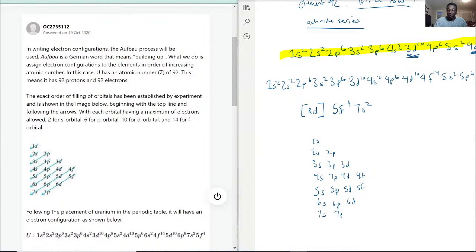So that's what they mean, as in, this is the order that the shells would fill up in. Essentially what it's saying is that before you even touch your 3s, you have to make sure that your 2p orbitals are filled. Before you even touch your 4p orbitals, you have to make sure that your 3d orbitals are filled.